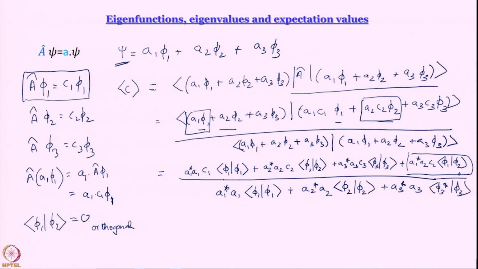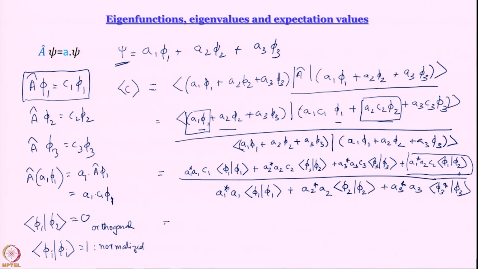Now see, these phi 1, phi 2, phi 3, they are all normalized, right. So, I can write like this. Now, I can be 1 or 2 or 3. The integral of phi I star phi I over all space is actually equal to 1 as they are all normalized.